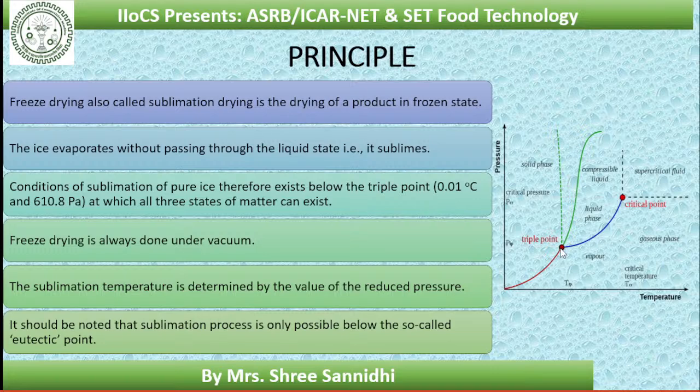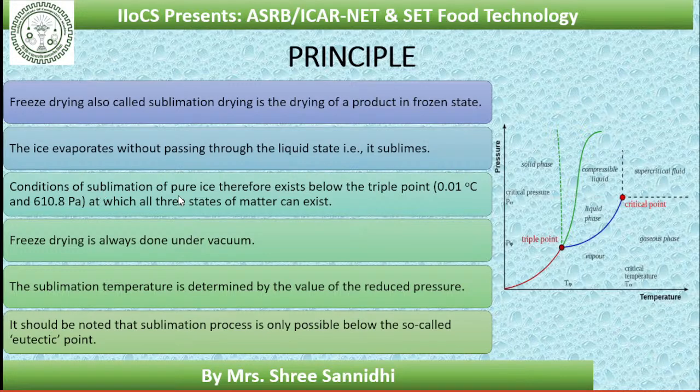So in the graph you can see the triple point is the point at which you have all three phases, that is liquid phase, gas phase and the solid phase in equilibrium. As it moves away from the triple point, you can see you have separate curves for different phases, but at the triple point, all the three phases are in equilibrium.